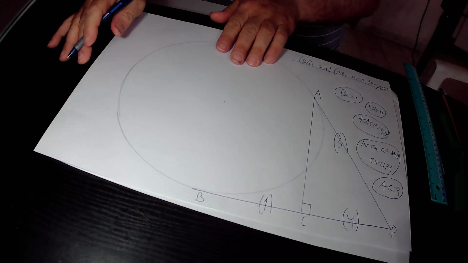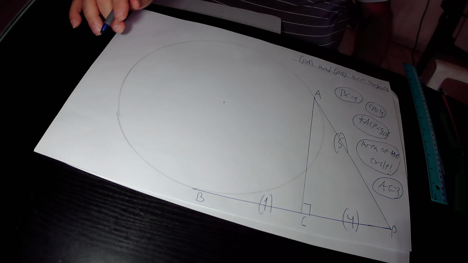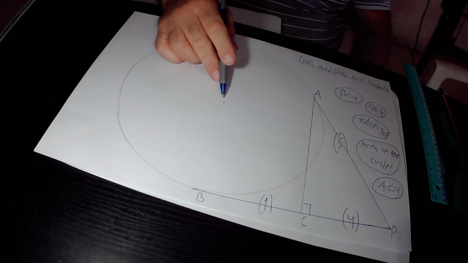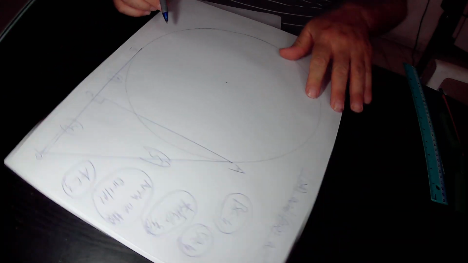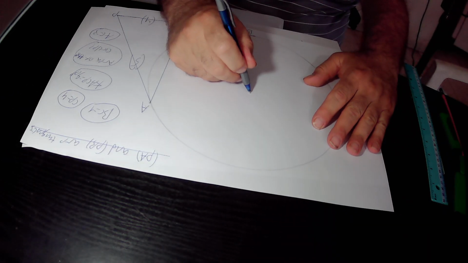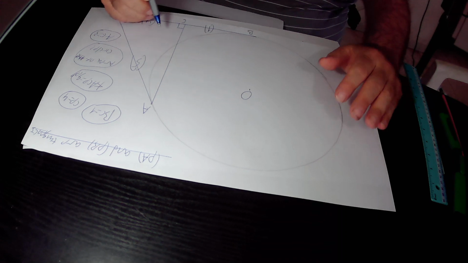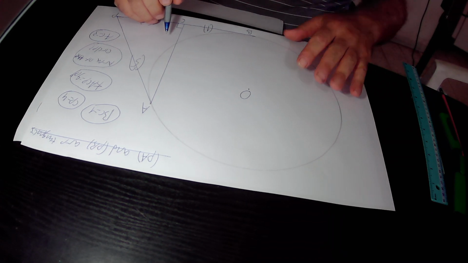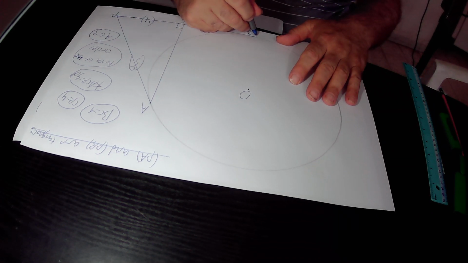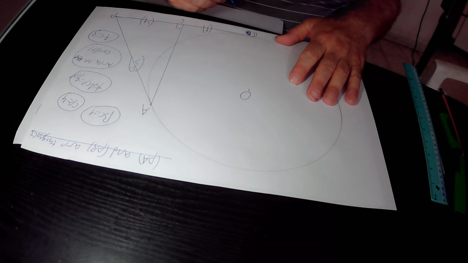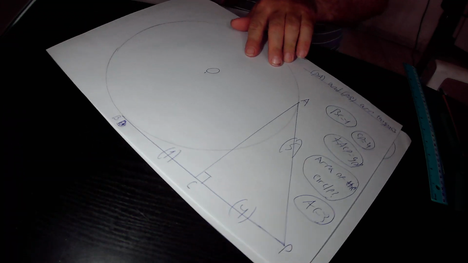In the next step, we define the center of this circle. This point is point O. And we will also define the radius of this circle as x.